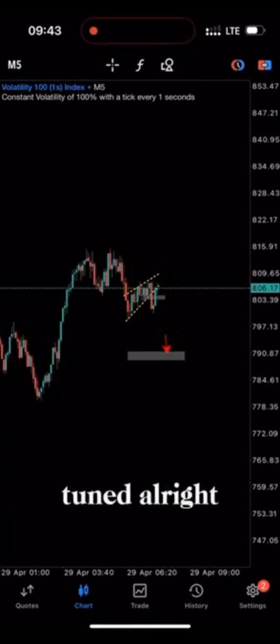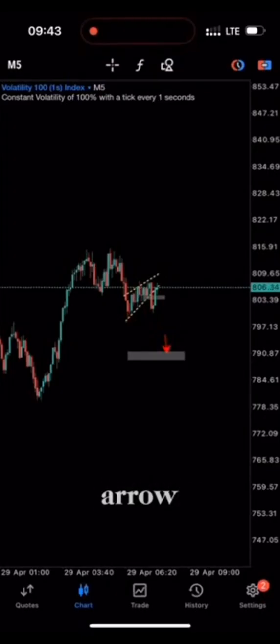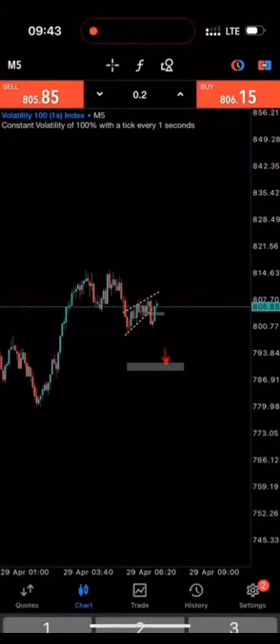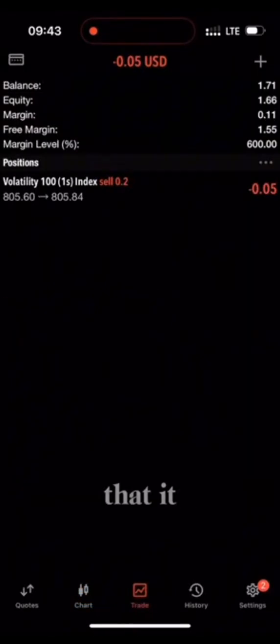All right, so what will I do here now that it has hit there? It seems that it is a rising wedge, right? And rising wedges do go to the trend line and then keep going down, as in the arrow. So I then put my sell over there because I'm expecting that it should go down.